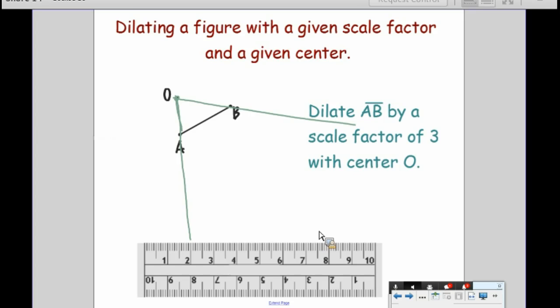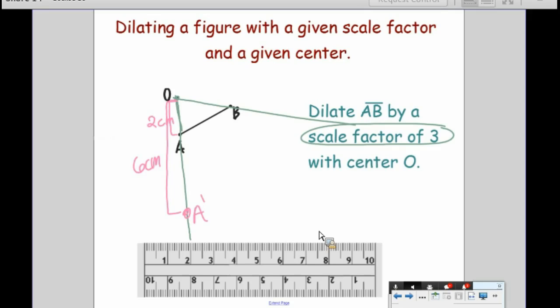Okay, it tells me I need to have a scale factor of 3. So what I'm going to do is measure this. And if you measure that on your paper, you're going to get 2 centimeters. I want my new point, A prime, to be triple the distance from O. So how far away from O is A prime going to be? Very good. So I'm going to start at O, and I'm going to measure 6 centimeters, and that point is going to be A prime.